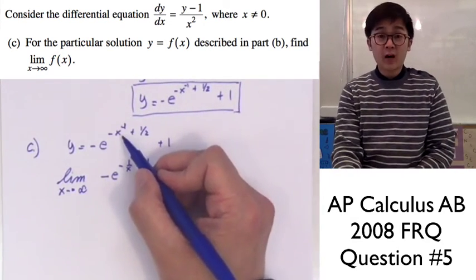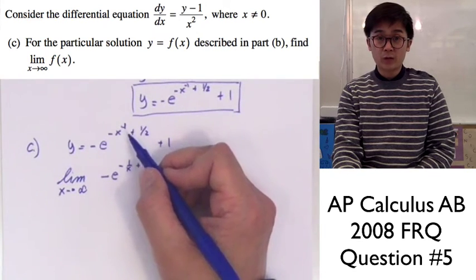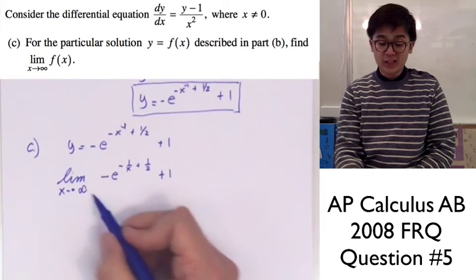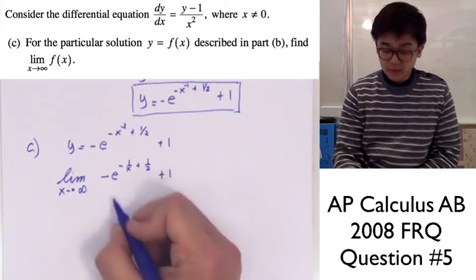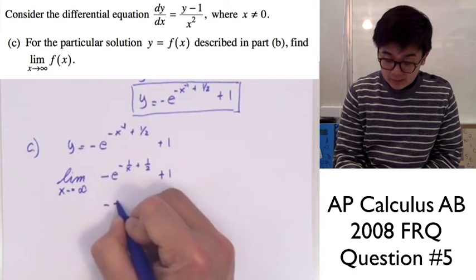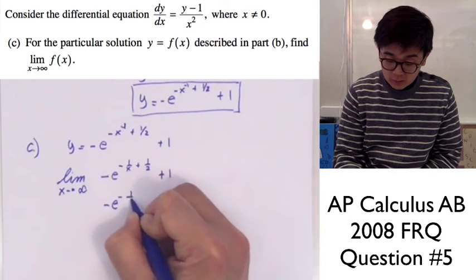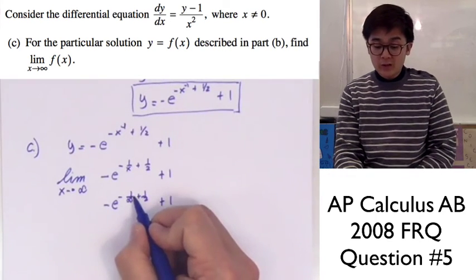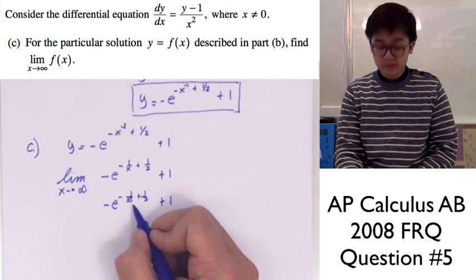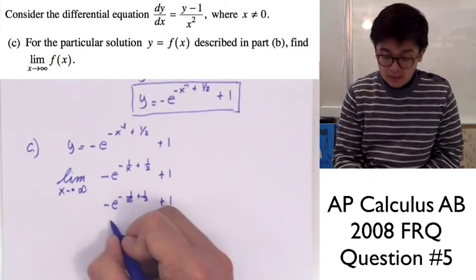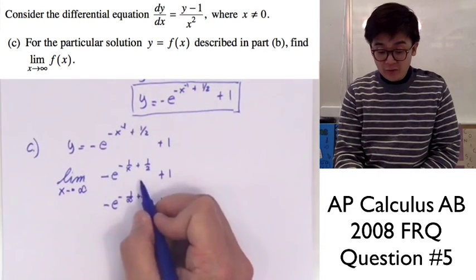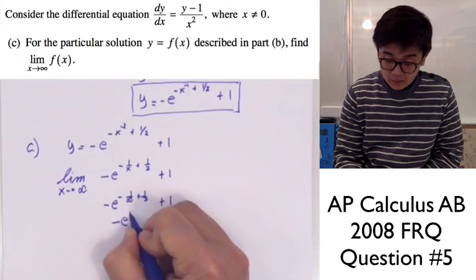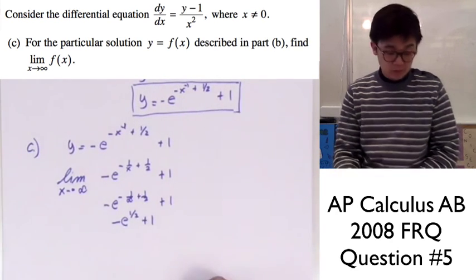I modified my x raised to the negative 1 to 1 all over x, so I can easily evaluate x at infinity. By substitution, negative e raised to 1 over infinity plus 1/2, plus 1. We know that 1 over infinity is equal to 0. So our limit of f of x as x approaches infinity is simply negative e raised to 1/2, plus 1.